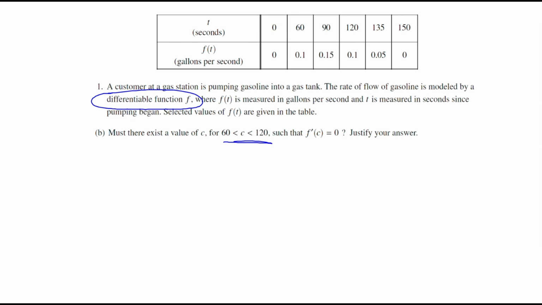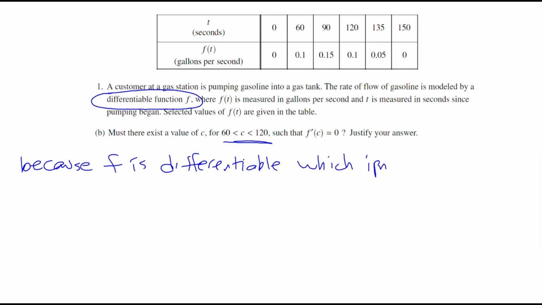So we want to make a statement that says because f is differentiable, which implies continuity, the MVT applies, right?